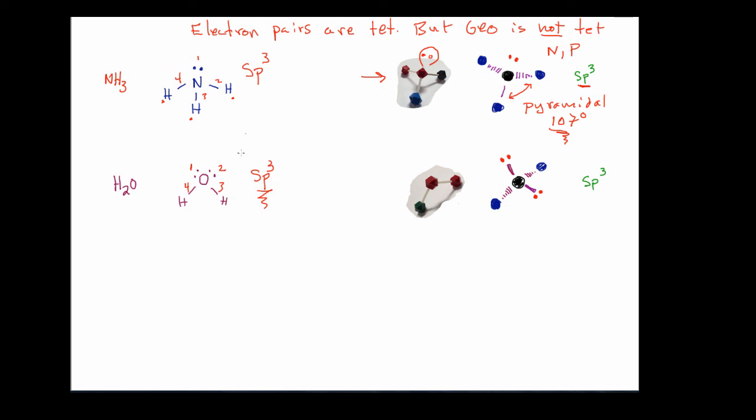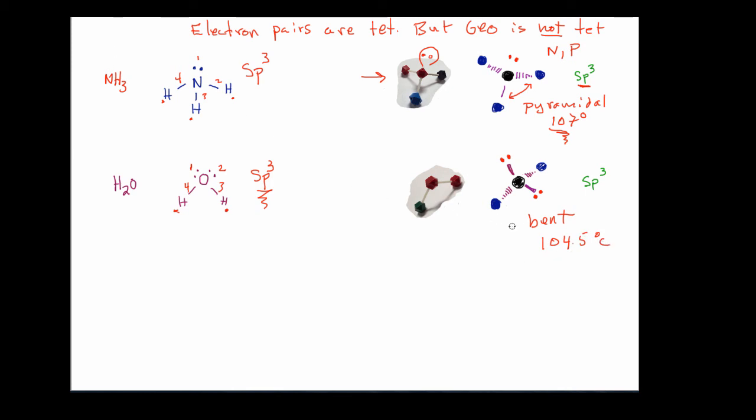So keep in mind what I said about ammonia. The electron pairs here are indeed tetrahedral in nature, but the oxygen is only bonded to 2 atoms, and the geometry is given by the arrangement of the atoms around the central atom. So this particular arrangement is called bent, and its bond angle will be 104.5 degrees.